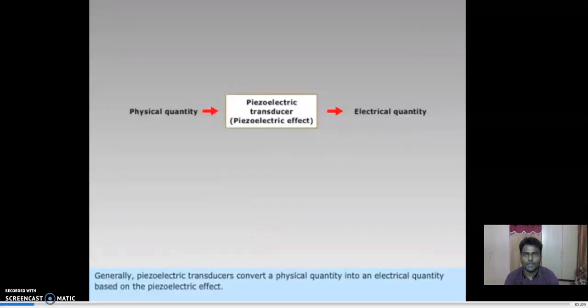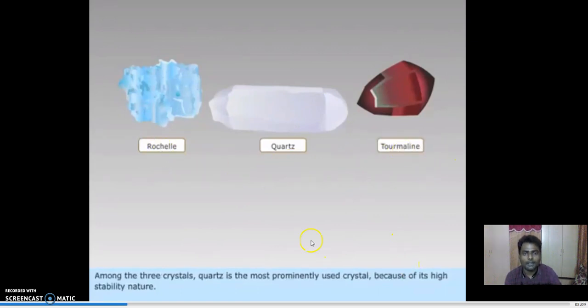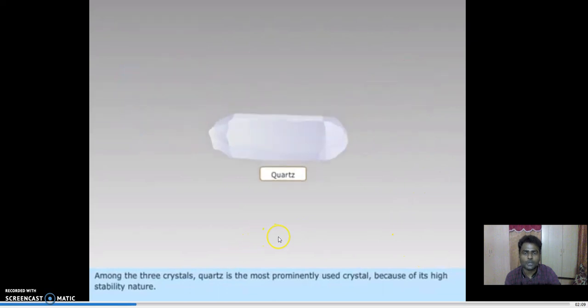In general, a piezoelectric transducer converts a physical quantity into an electrical quantity with the help of the piezoelectric effect. Here are the materials used for piezoelectric generation: Rochelle salt, quartz, and tourmaline. Out of these crystals, quartz is the most predominantly used crystal.